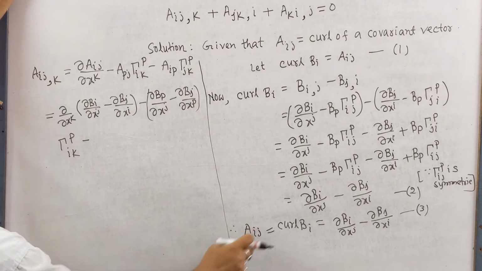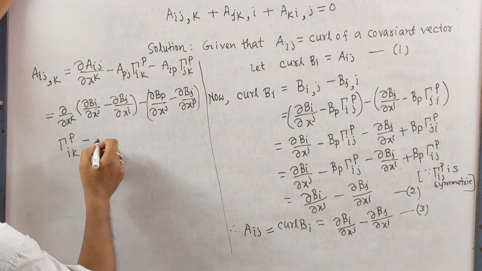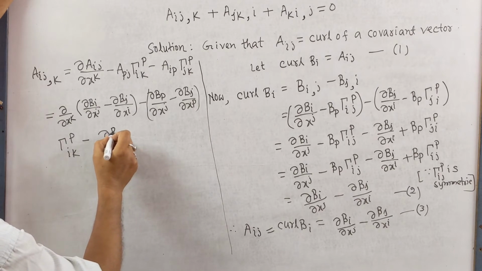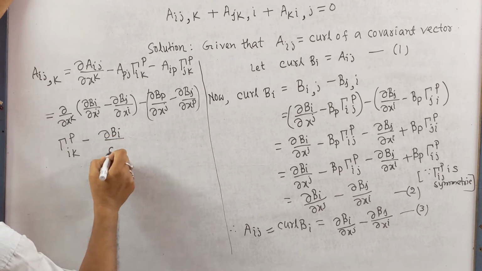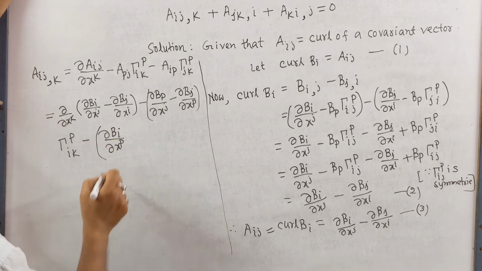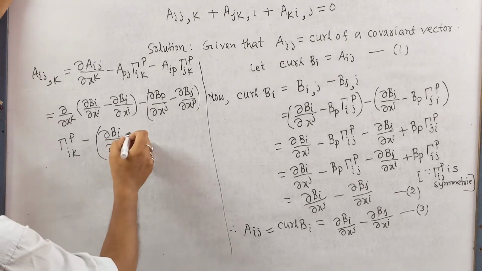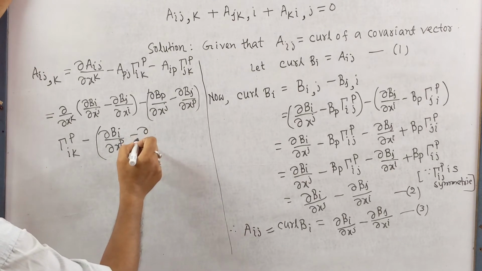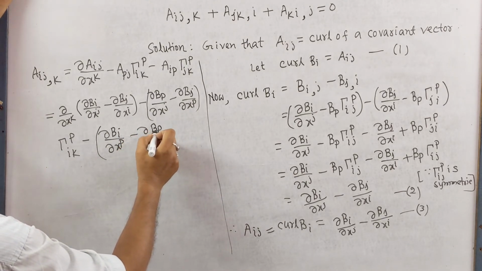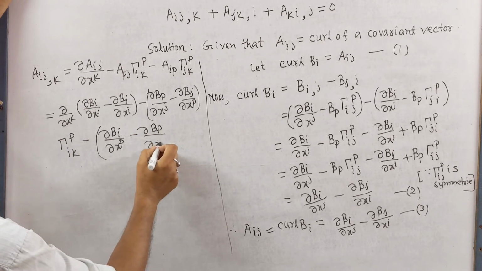In place of j we write p, so this will be ∂b_i/∂x_p minus ∂b_p/∂x_i.